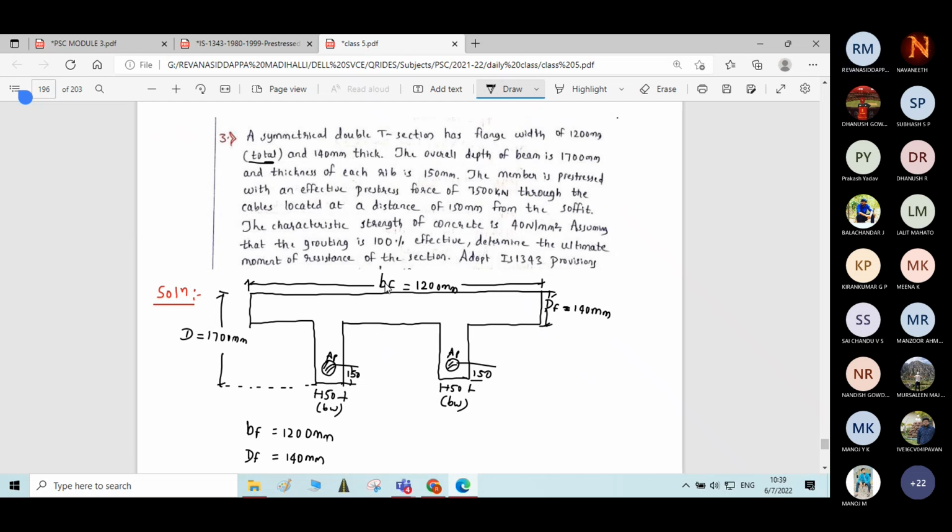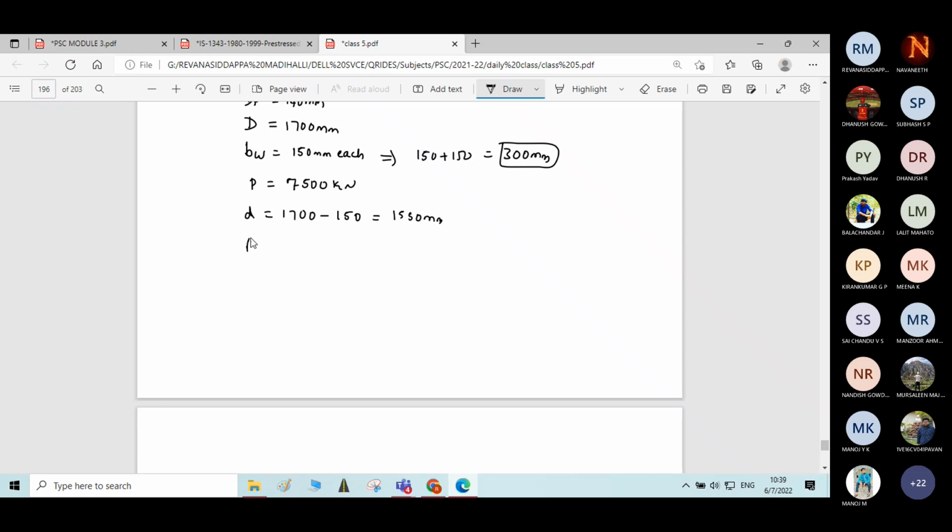Then assuming that the grouting is 100% effective, estimate the moment of resistance. Characteristic strength of concrete fck is 40 Newton per mm square. fp is not given. We need to assume it as 1600 Newton per mm square. If it is not given, it is a standard value.